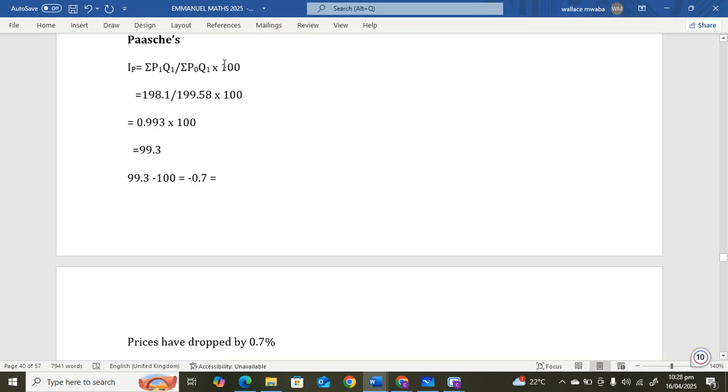That's why we're multiplying by this 100 here, because your final answer you're going to get as a decimal. So that decimal, you convert it into an index number. Then you compare against the base year. This 100 here is the base year's index number. It's not the same 100 as this one.